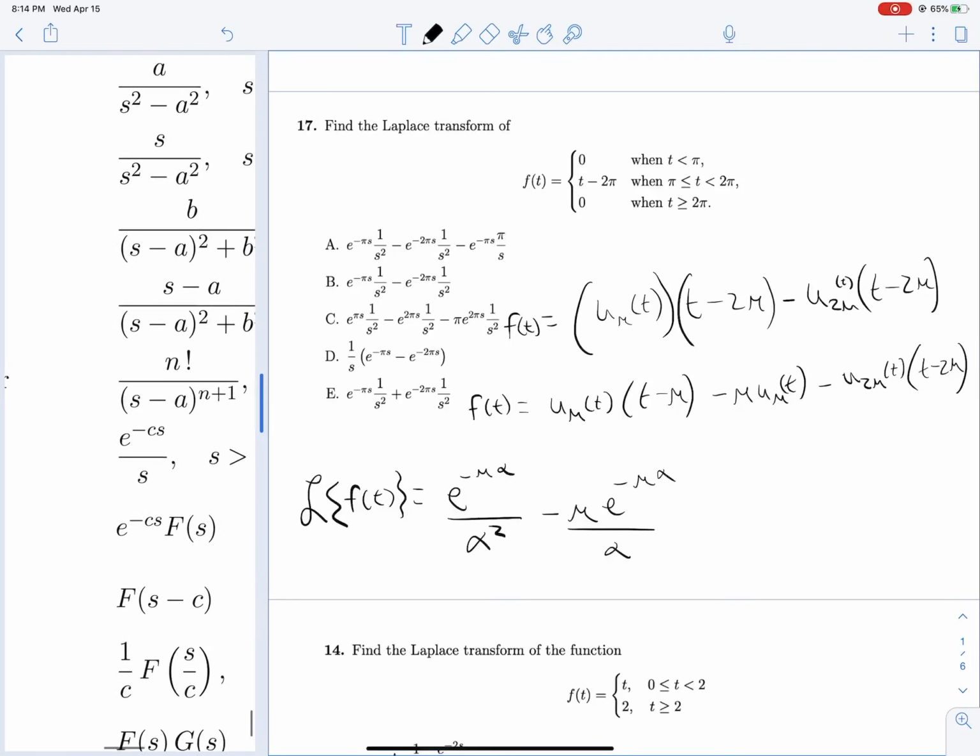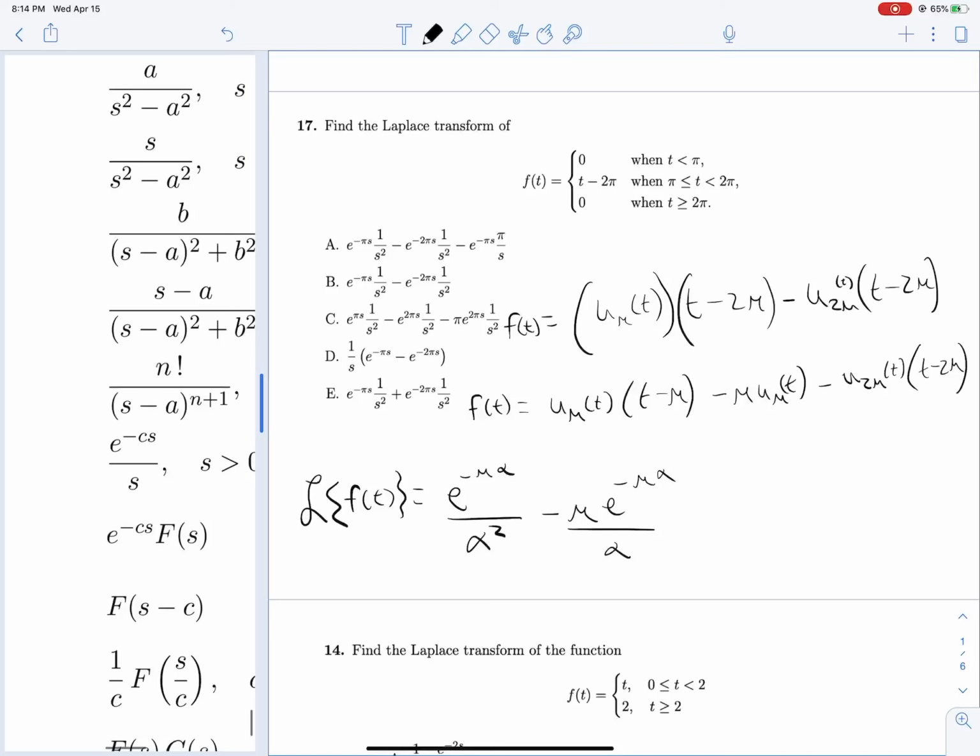Okay, that looks good. And then finally, this last guy will give us minus e to the negative 2 pi alpha, all divided by alpha squared.